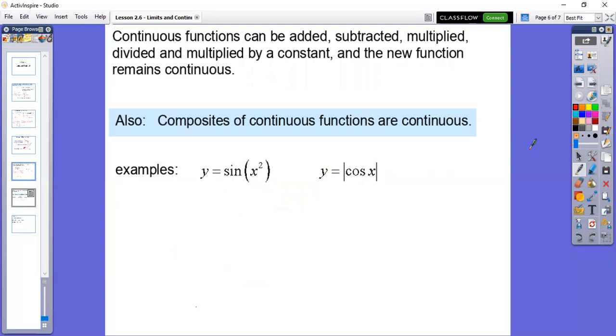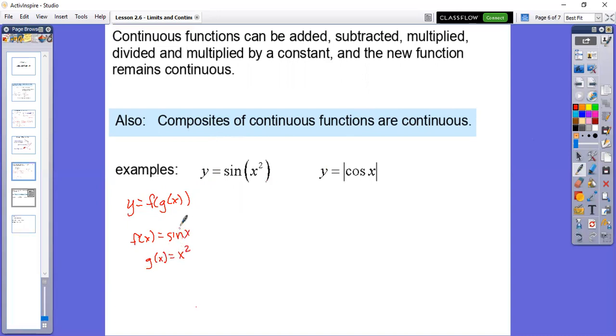The last point I want to make about continuous functions is that if you know that two functions are continuous, then the composition of those continuous functions is also continuous. So for example, we can say that y equals f of g of x here. In this case, f of x would be sine of x, and g of x would be x squared.